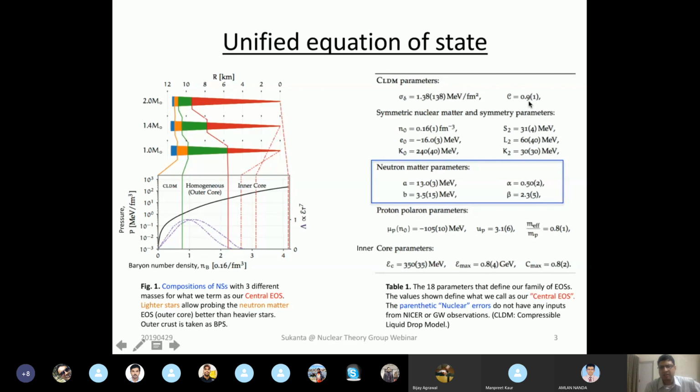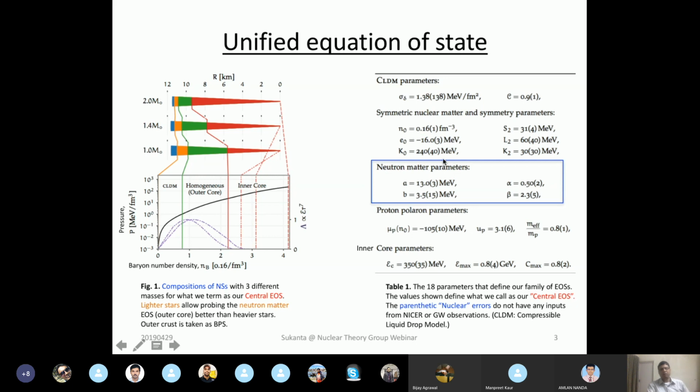So it is this digit on which the error is. So the value of C here is 0.9 plus or minus 0.1. And similarly for this saturation density n0, we are allowing an error where the 1 is a correction on the second decimal place. So the value of this is 0.16 plus or minus 0.01 per fermi cubed, and so on and so forth.